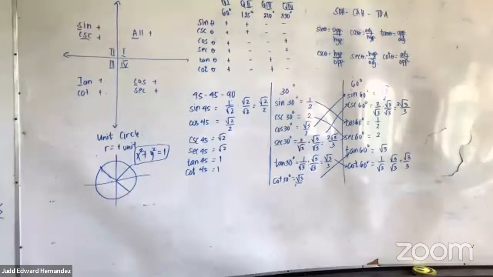Sir, pwede po magtanong. Yes. Sir, bawal po ba sa denominator po yung square root po? Yes, bawal sana kasi irrational, hindi naman irrational na yun. Pero mas maganda kung naka-rationalize siya na yung numerator palaging nandun lang yung square root or yung radical.